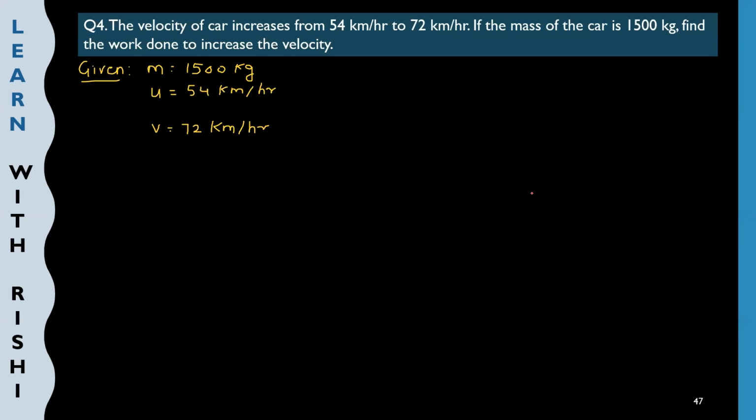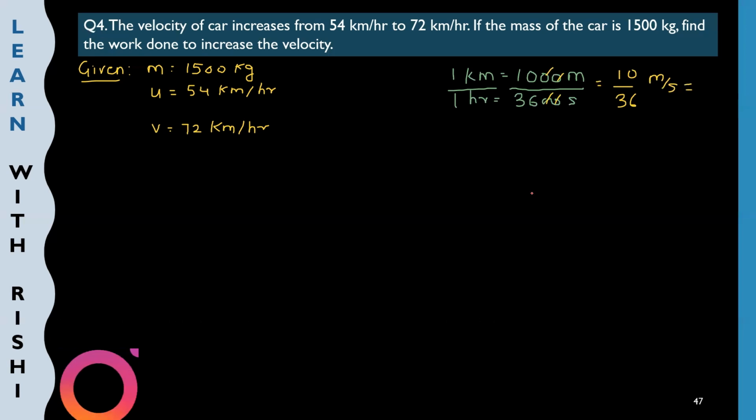So see, 1 kilometer is nothing but 1000 meter, and 1 hour is nothing but 3600 seconds. And we need to convert kilometer per hour, that is kilometer divided by hour, that means 1000 divided by 3600. If you simplify this, you will get 10 upon 36 meter per second.